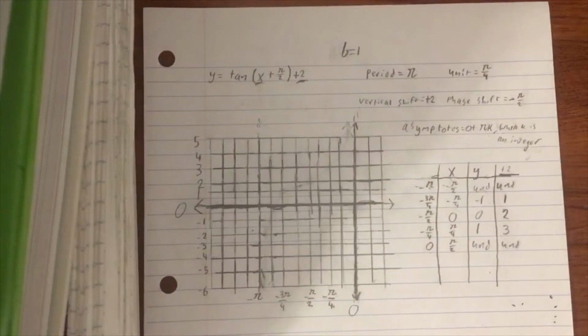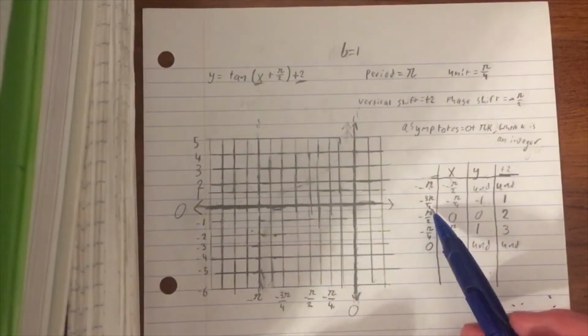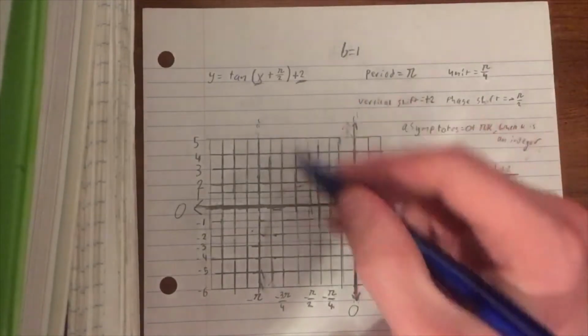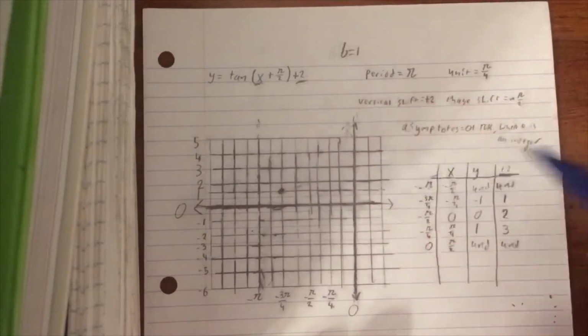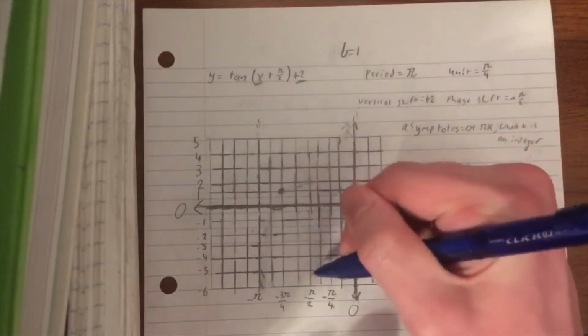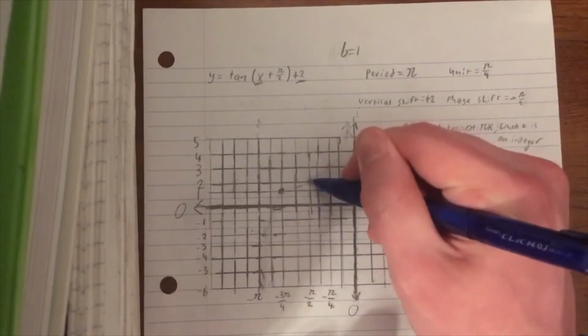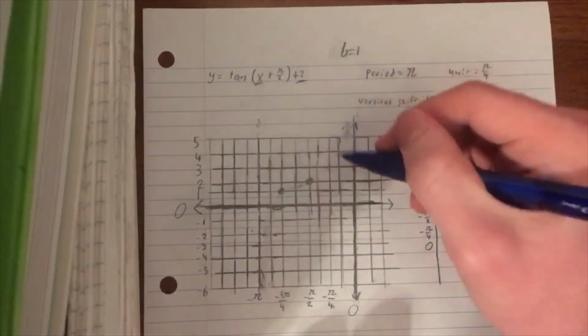And now all we have to do is plot the points on the graph. So we have negative 3 pi over 4, 1. So we're going to find that here. We have negative pi over 2, 2. We have negative pi over 4, 3.